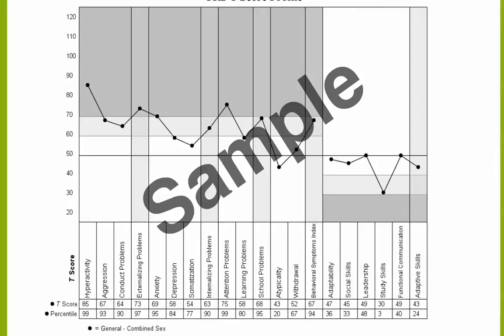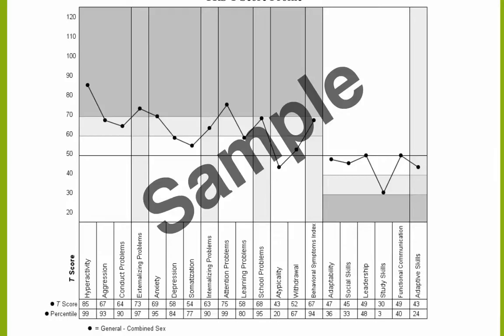You can see that this child has a really high score, is way above the average on the category of hyperactivity, on the category of general externalizing problem behaviors, the category of attention problems.